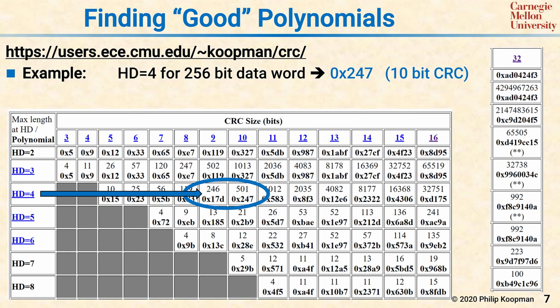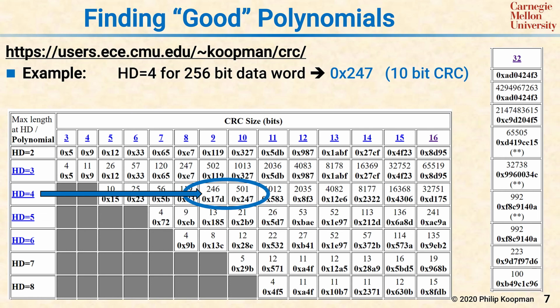But there's another one at 501 bits. 501 is larger than 256, so a 10-bit CRC will get you the Hamming distance you're looking for, because it will give you Hamming distance 4 or better for everything below and including 501 bits. The polynomial in this case is hexadecimal 247.